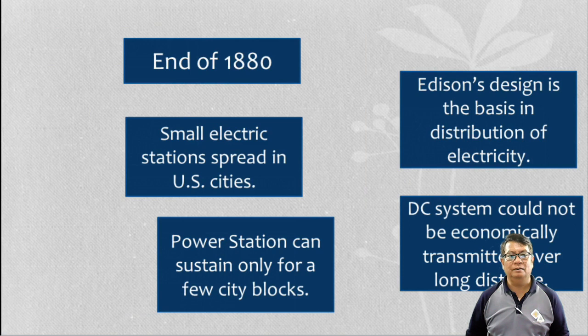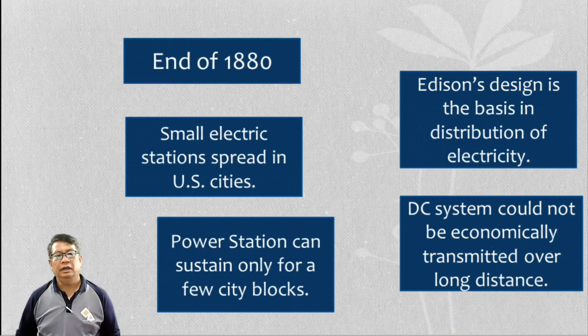Okay, so at the end of 1880, there was a small electric station spread in the US area. So mayroon na po tayong maliit na production ng electricity. It was a power station that could sustain only a few city blocks.